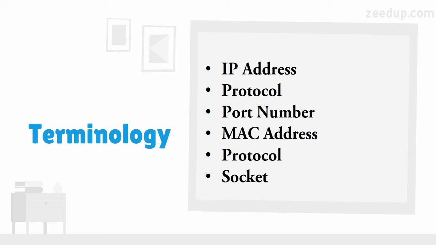Next important terminology we have is the port number. The port number is used to uniquely identify the different applications. Just like an IP address, it is also used to uniquely identify. The IP address is used to identify the nodes in the network, while the port number is used to identify the different applications, right?